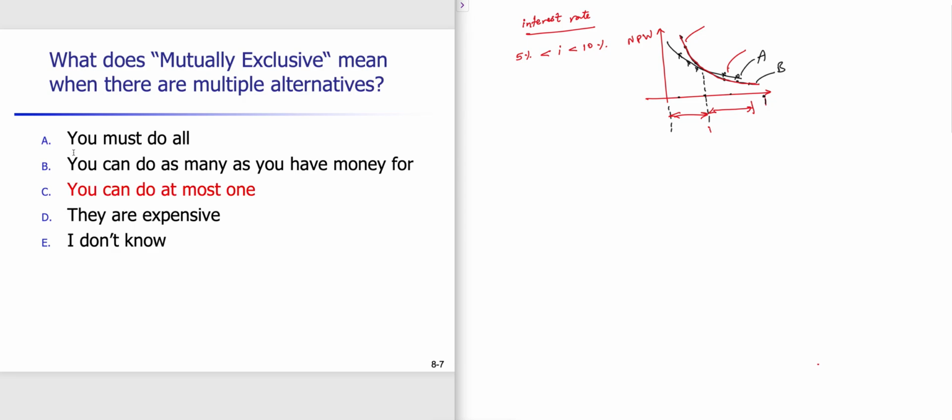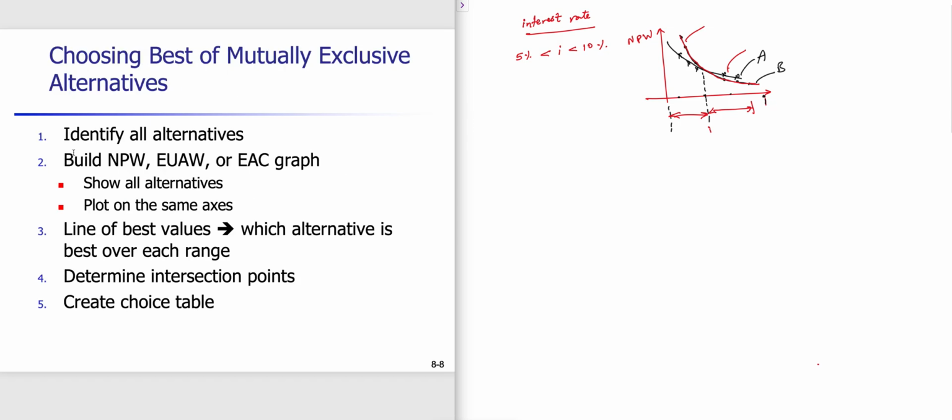So we have to perform all different sorts of cases, all different sorts of analysis. We have to look at all different alternatives, compare them, plot them, and then come up with an answer.